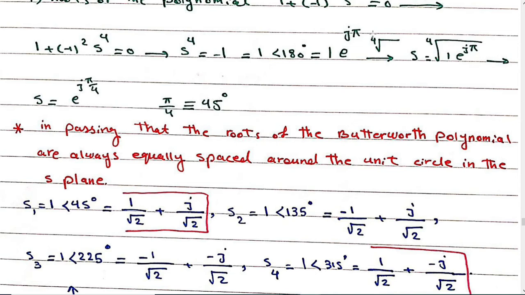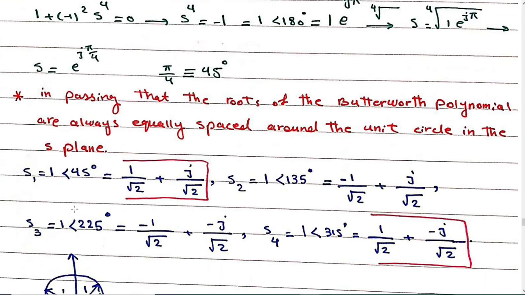So what is the first angle? 45 degrees. Why? Because pi over 4 is 45 degrees. So S1 has magnitude 1 and angle 45 degrees.